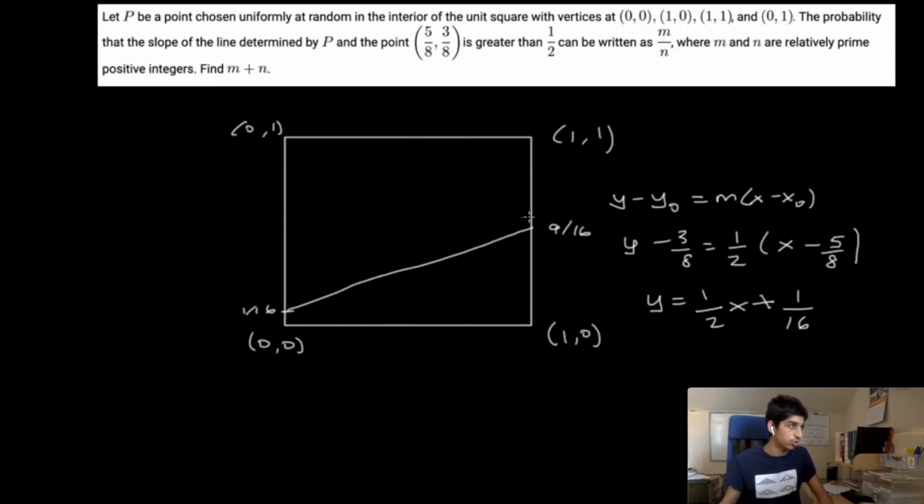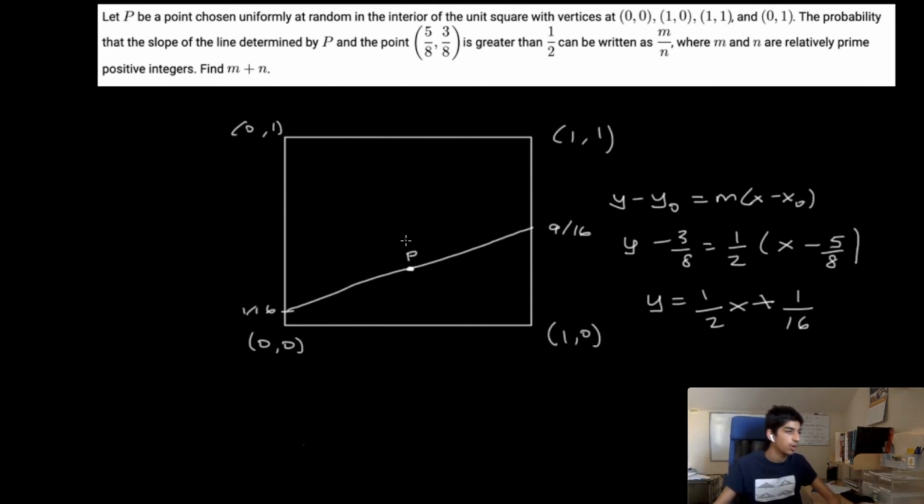Now let's just draw the actual point, the point (5/8, 3/8). It would be around like, doesn't really matter, let's say around there. Yeah, because it has to be below 9/16, and this is about like halfway of the width of this unit square.